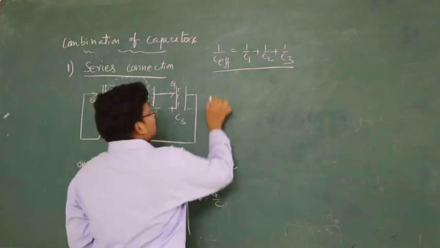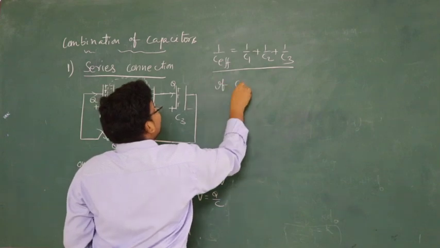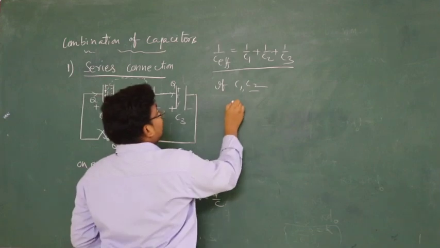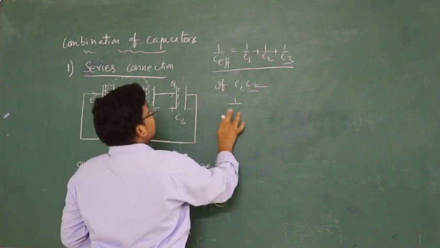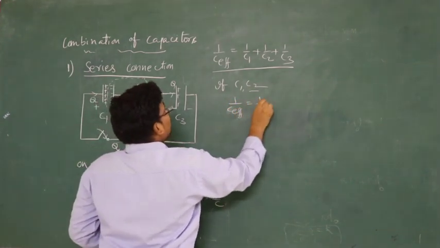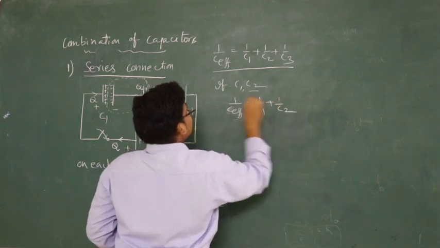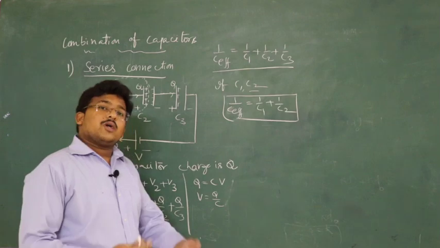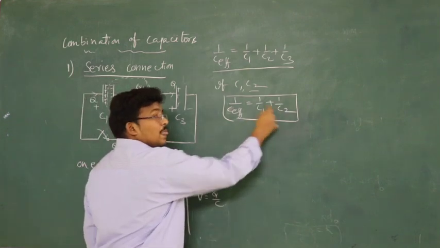Now if there are only C1 and C2 present in the circuit, what is C effective? 1 by C effective is equal to 1 by C1 plus 1 by C2. Or you can do it like this also, take the LCM.